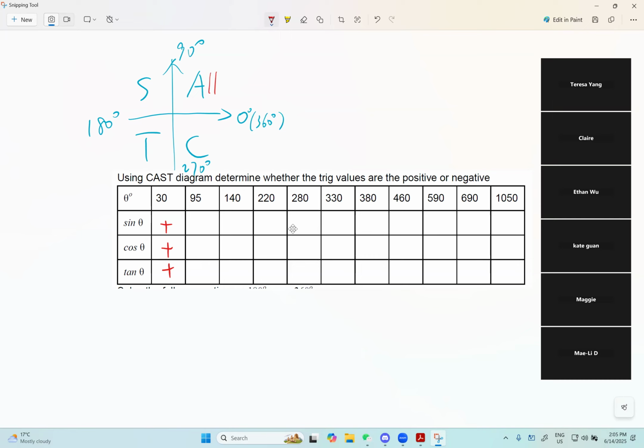You can also say here, because here is 450 as well. Just a whole revolution.